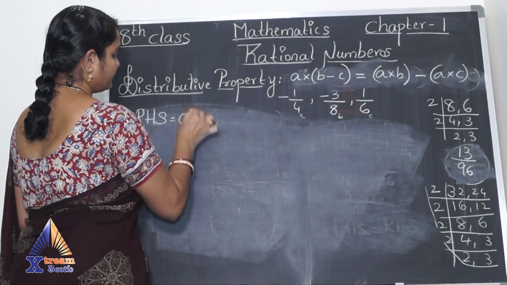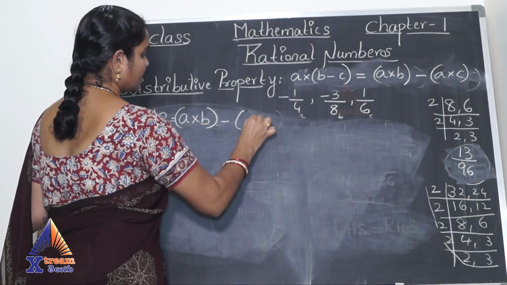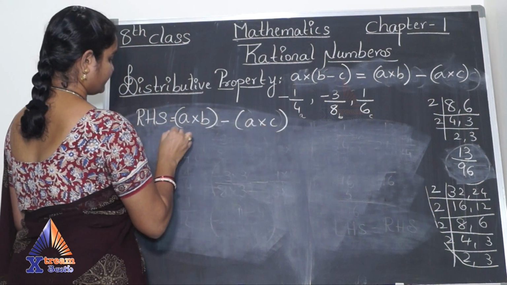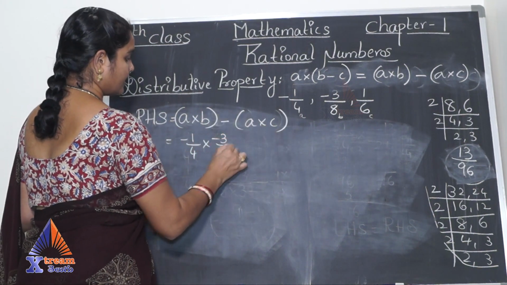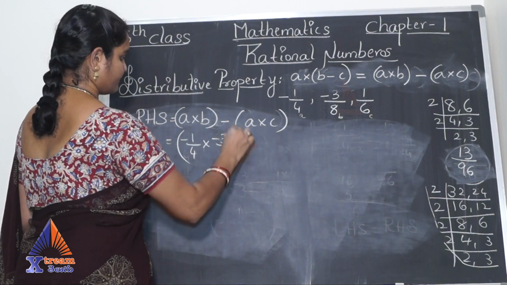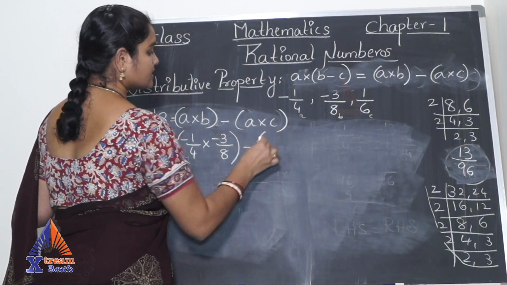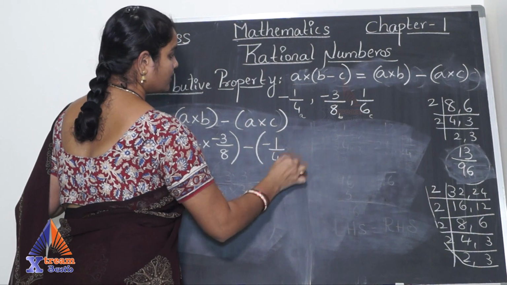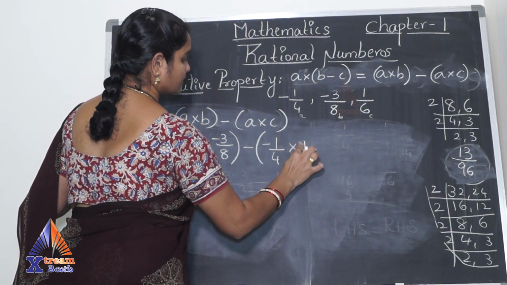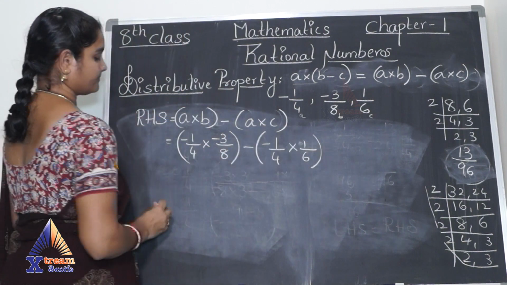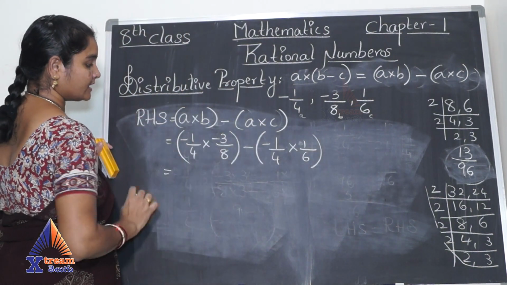A into B minus A into C. So minus 1 by 4 into minus 3 by 8 minus 1 by 4 into minus 1 by 6. Minus of minus becomes plus.